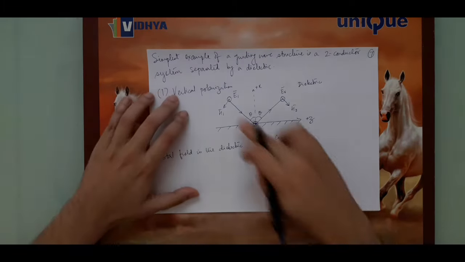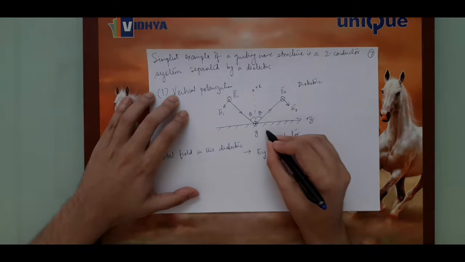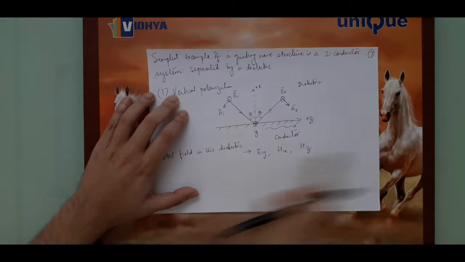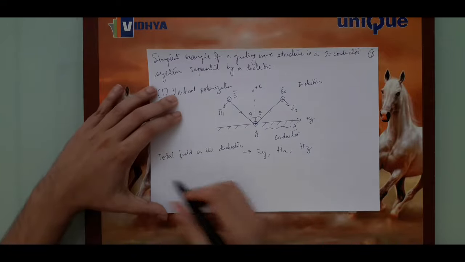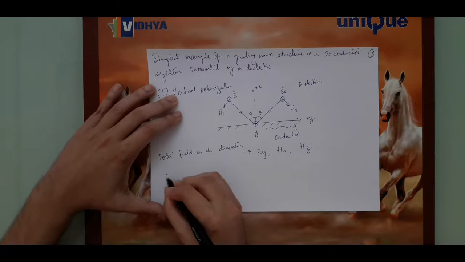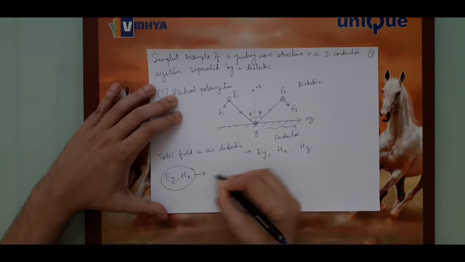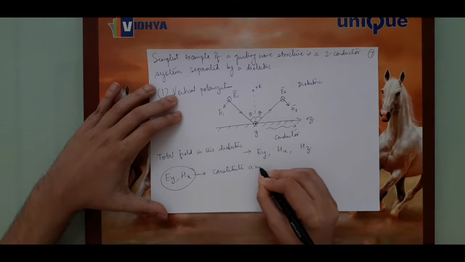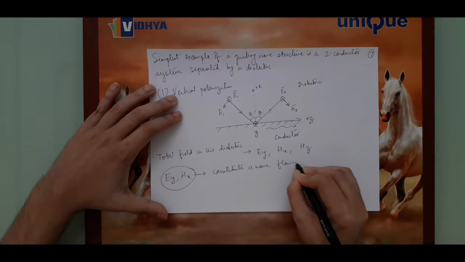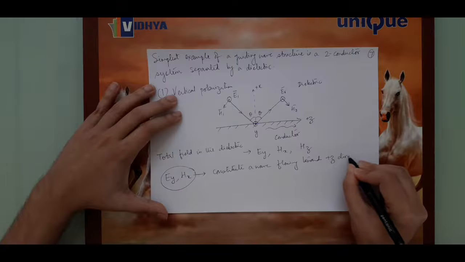What we had said was that if the wave is incident on the boundary, there is some propagation which happens along the plus z direction. In the earlier discussion it was plus x, now it is plus z. So if you rewrite this, I can say that EY and HX constitute a wave flowing towards plus z direction.